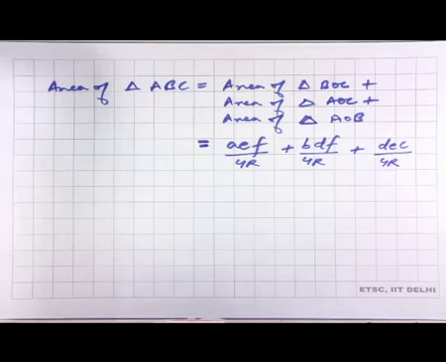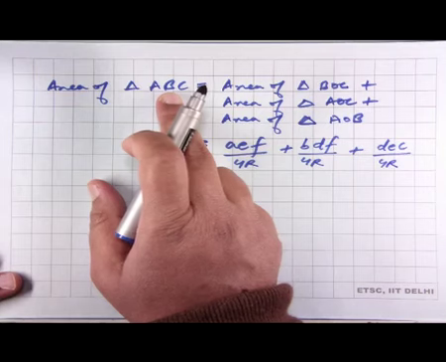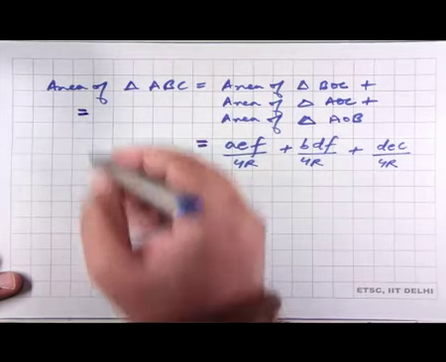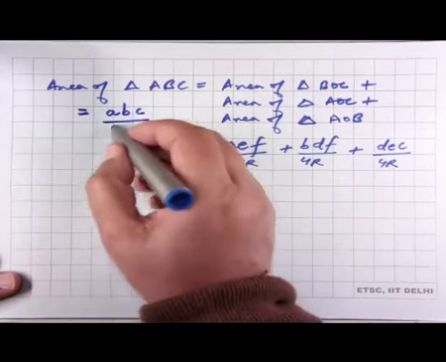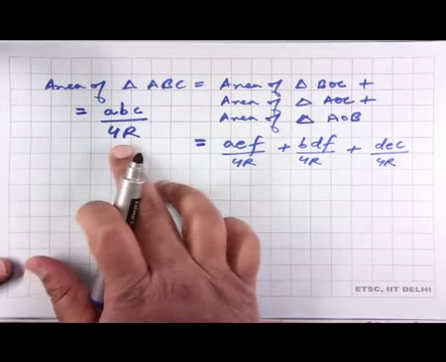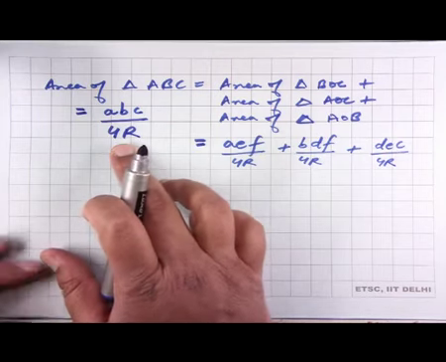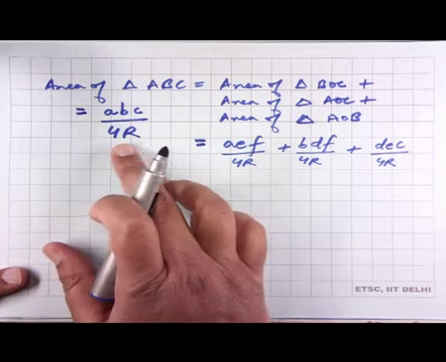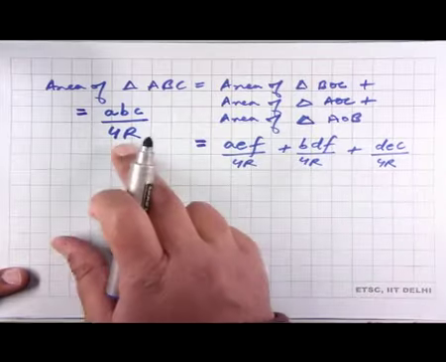But we have already shown in one of the previous lectures that the area of any triangle ABC is always equal to the product of the lengths of the three sides divided by 4 times the circumradius of the triangle. So, this is a known result which we have already shown and proved rigorously in one of the previous lectures. So, then basically this and this have to be equal.